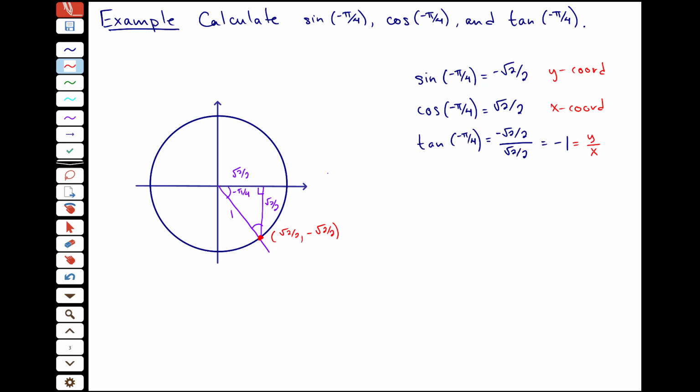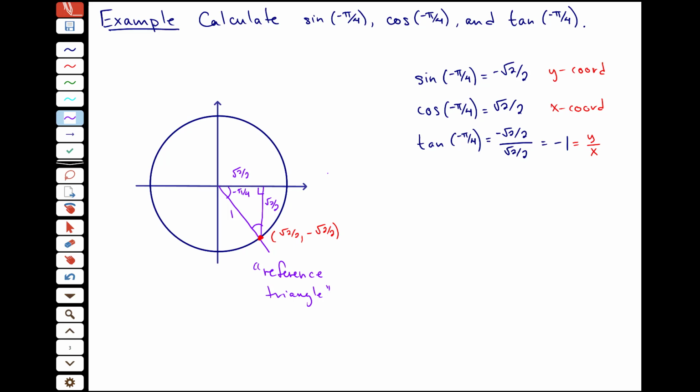Oh, before we move on, actually, I just want to mention that this triangle that we have right here is often called a reference triangle. And it actually doesn't matter how you draw it in relation to the axes, as long as you label the sides correctly and you end up with the correct coordinates of the point that's on the circle.